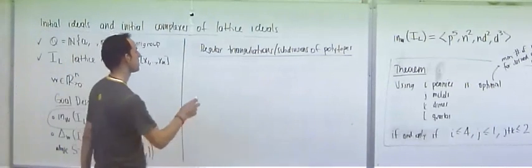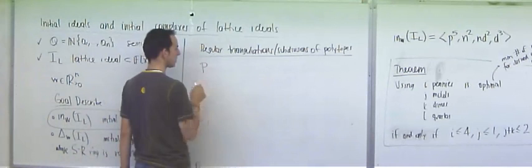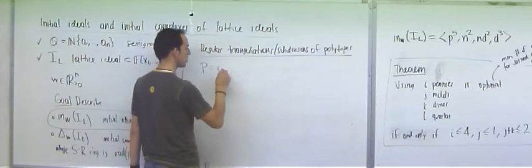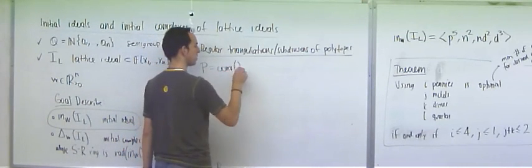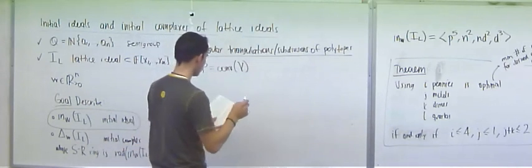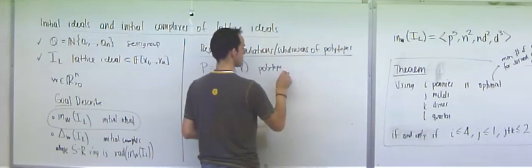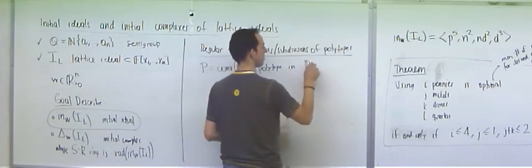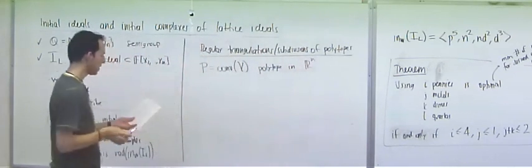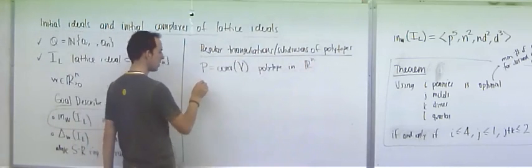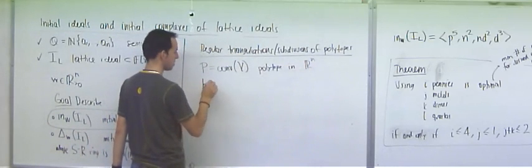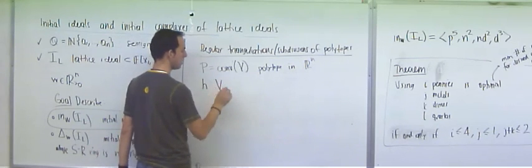So what I want to do is this. Let's say that you have a polytope, okay? And this polytope is given to you as the convex hull of a bunch of vertices. You have a polytope in Rn. And then you're given a height function from V into the reals.